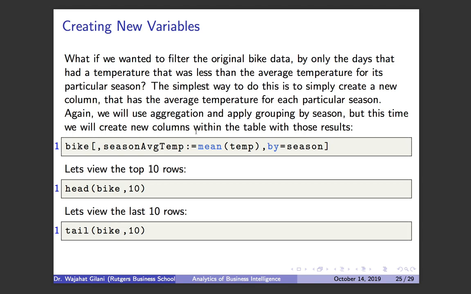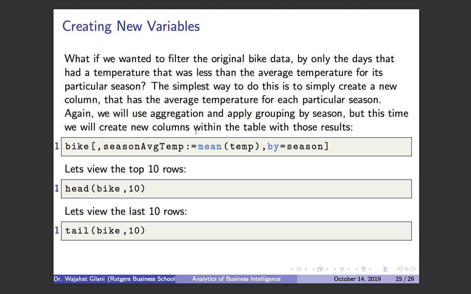Now, what if you're dealing with your table, and instead of taking a subset of data or selecting columns, let's say we actually want to create new columns, right? So let's say hypothetically, we want to create a new column called season average temperature.